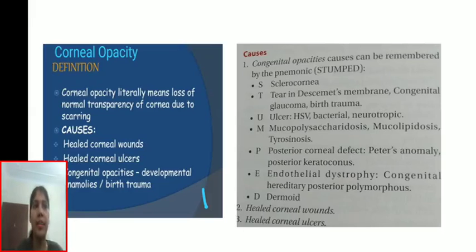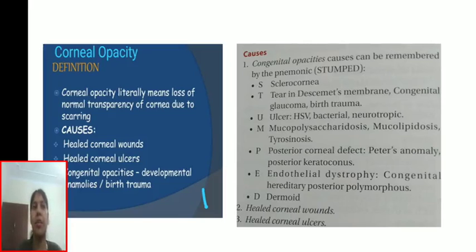These points are given in the mnemonic STUMPED. S stands for sclerocornea, T stands for tear in Descemet's membrane and congenital glaucoma, birth trauma. U stands for ulcer, HSV or bacterial or neurotrophic.